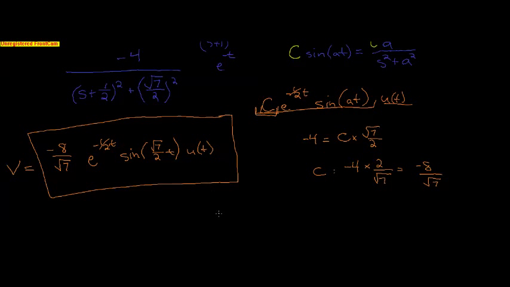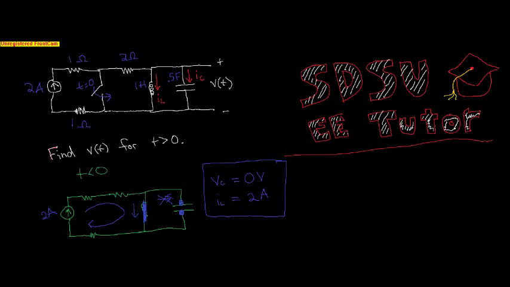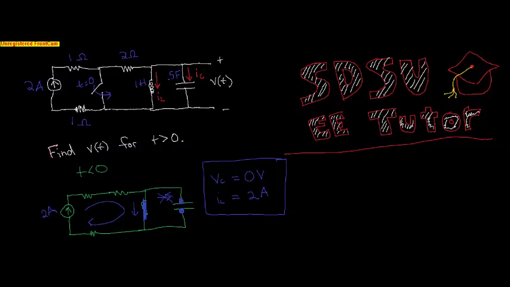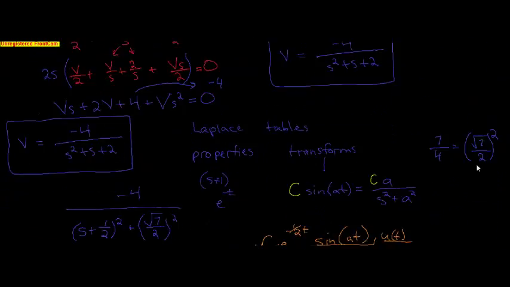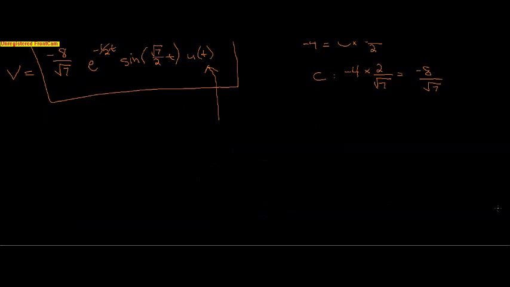And do not forget this, u of t, you will get marked off. Remember, because of the switch up here, we are starting this at time equal to 0. That is what the step function, u of t, does.